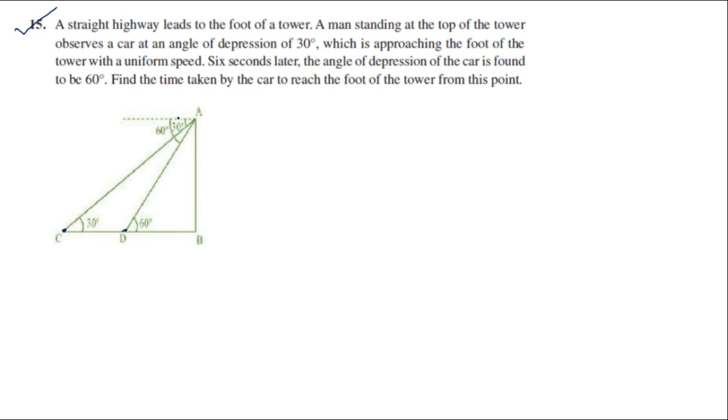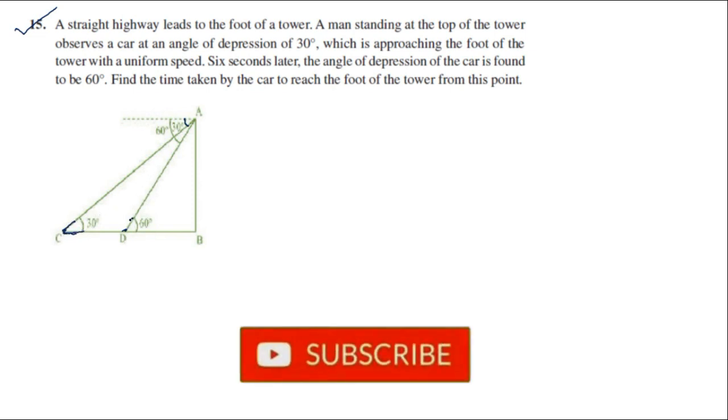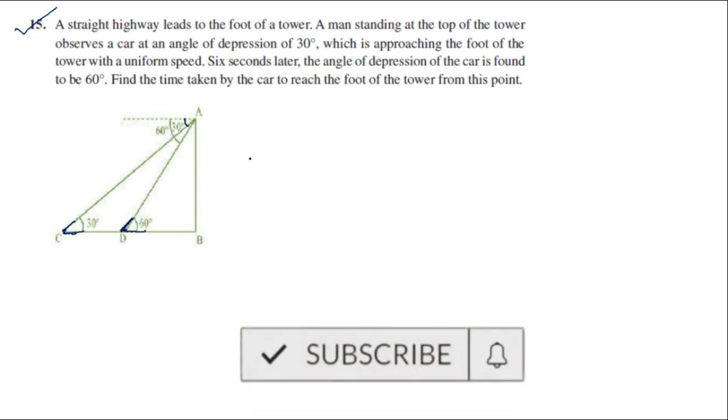Look at the angle of depression. It is 30 degrees. It is the same as the angle of elevation if you consider C to be the point of reference. Same way, if D is the point of reference, the angle of elevation is 60 degrees.